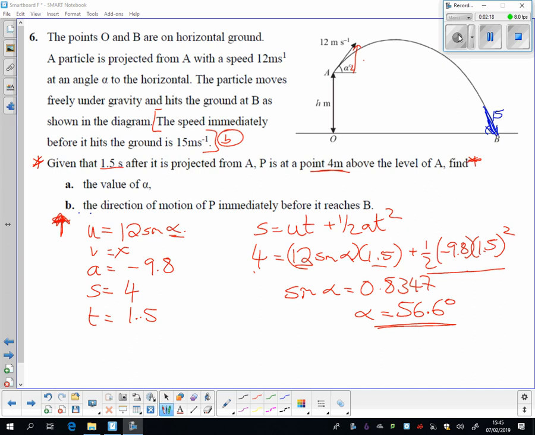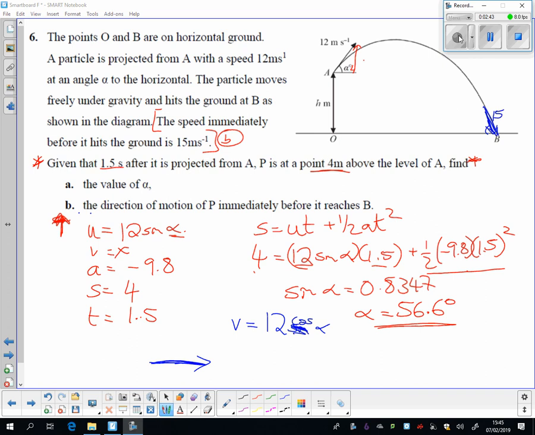So to do that, what I'm going to think about is that horizontally, this is when it hits the ground. This V is just equal to 12 sine alpha, so 12 cos alpha.